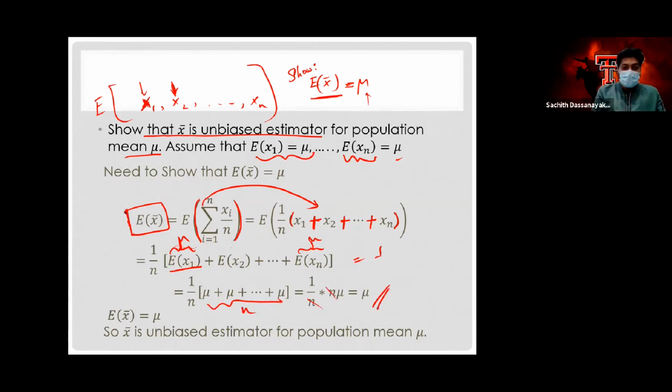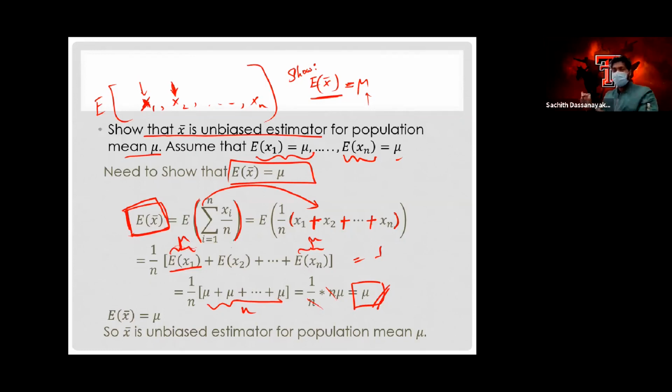So in the first place, you get the expected value of x bar, and here it equals mu. That's what we needed to show. The expected value of x bar equals mu, so you can say x bar is an unbiased estimator for mu.